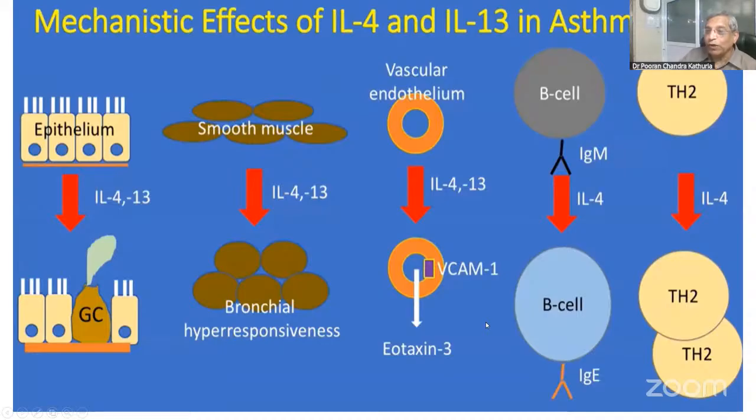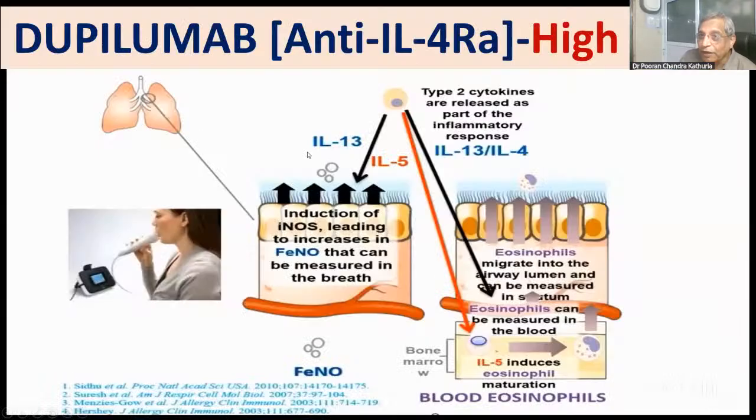Otherwise, IL-4, we know, is for B cell activity as well as Th2 lymphocyte activity. But these two are very important functions of IL-4 and 13, and if you give dupilumab, we can decrease this cycle.